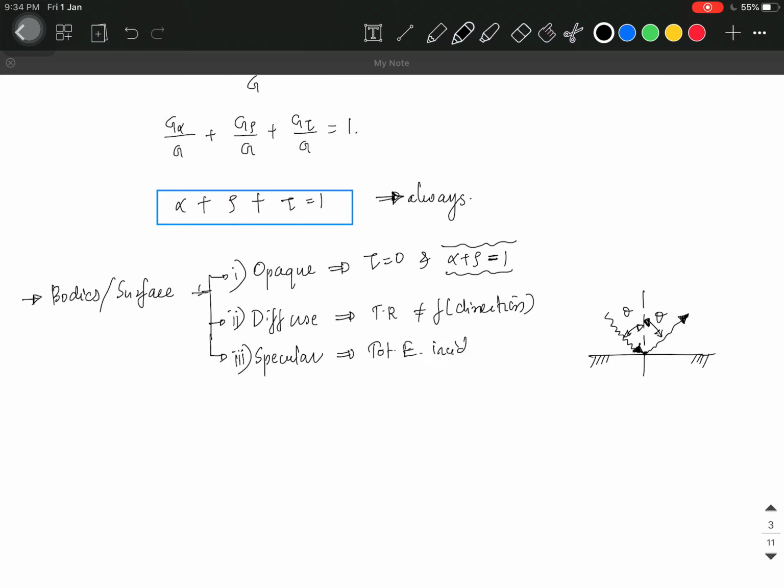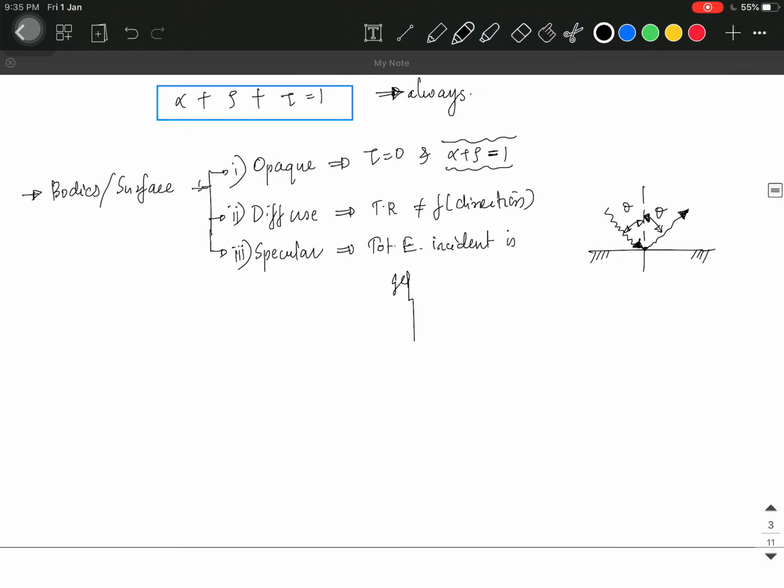That is, the total energy incident is reflected back at the same angle of incidence. Okay, so that's nothing but the specular body.